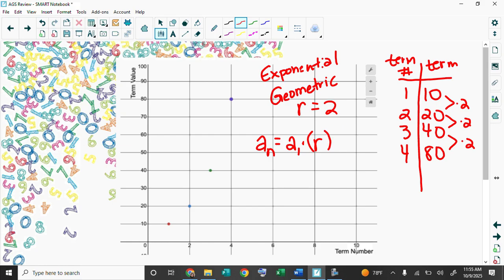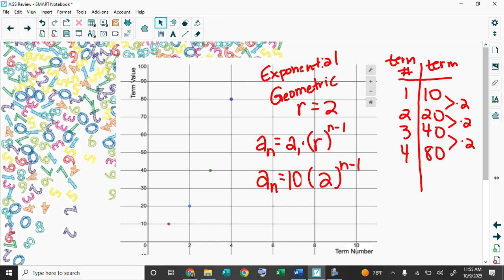It's best if you always put that in parentheses, raised to the n minus 1 power. So we could do a sub n equals, my first term is 10 times, my r was 2, raised to the n minus 1. And I need to know what that looks like on my calculator.